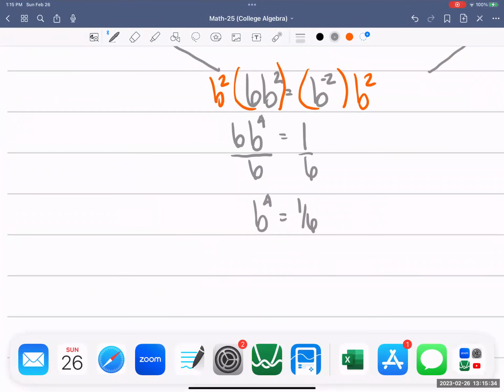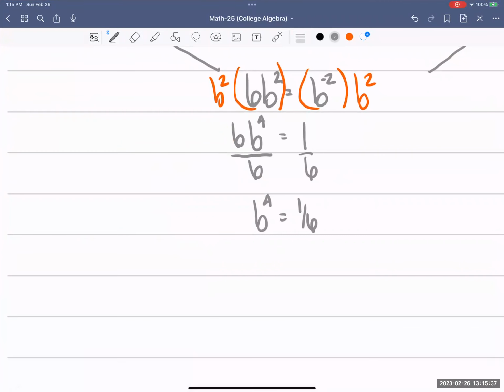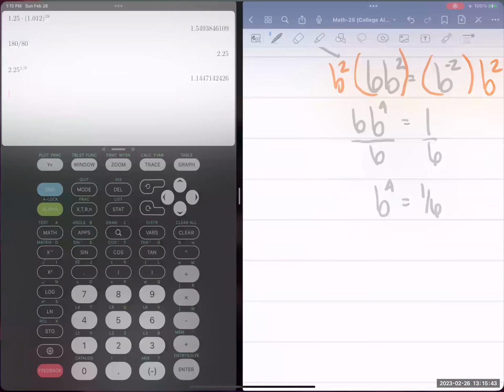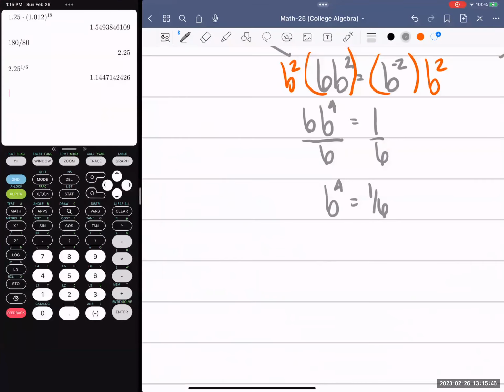And we could just plug it into the calculator. Just like we did earlier, we could take the 4th root, giving us b is equal to 1 divided by 6 raised to the power of 1/4, the 4th root.